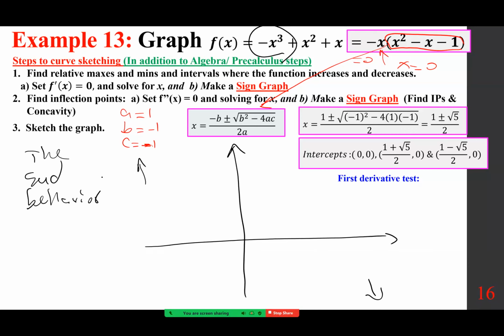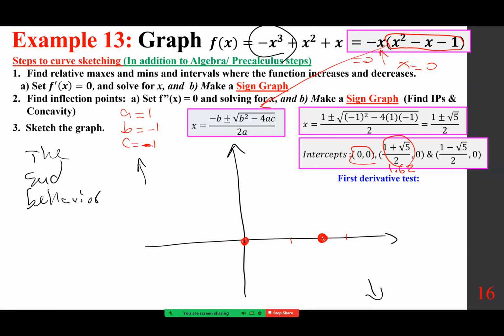As far as the intercepts are concerned, we have 0, 0 here. And 1 plus the square root of 5, divided by 2, is about 1.62. So this is 1 and 2, so somewhere here.